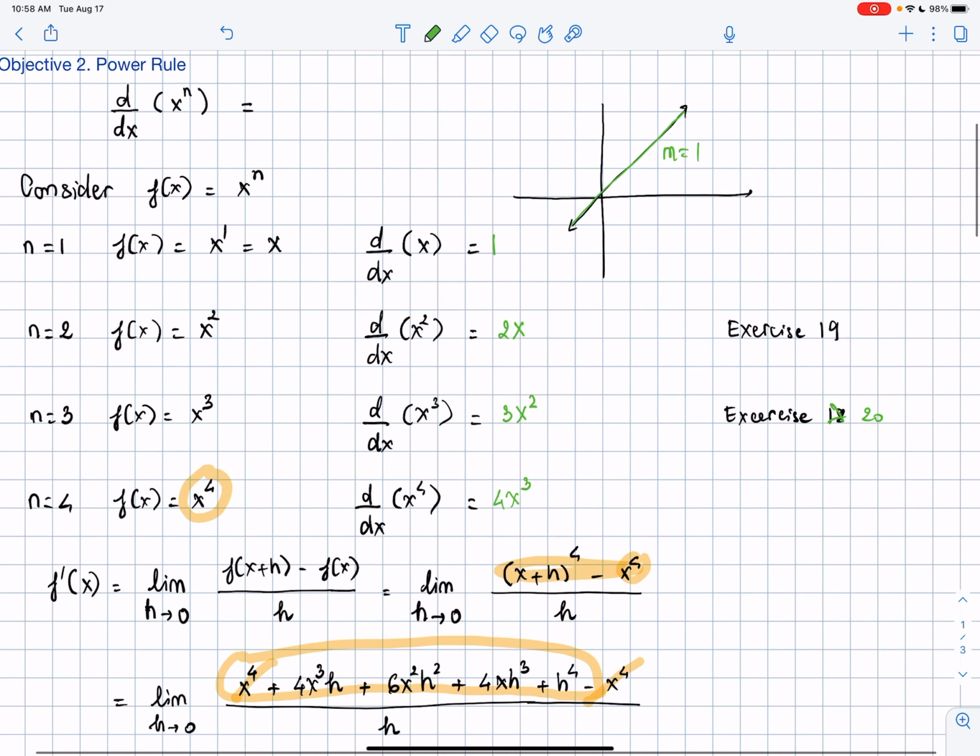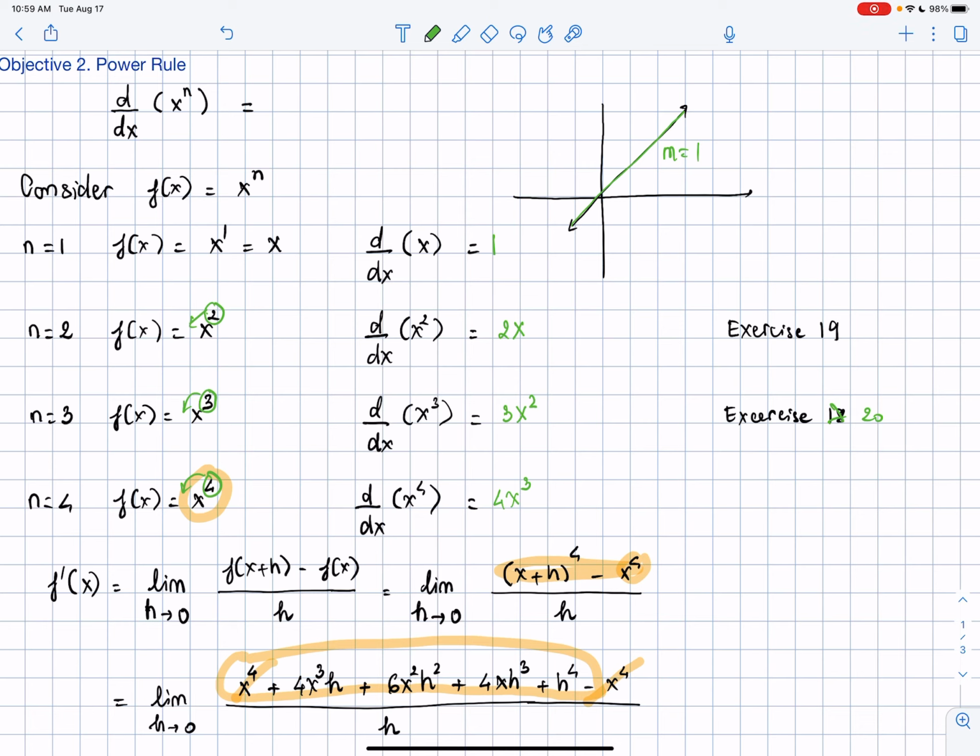Okay, so let's look at the logic. You know that the first derivative of x is 1. Now when we have exponents 2, 3, and 4, you recognize that the exponent moves down to become the factor in front of the x.